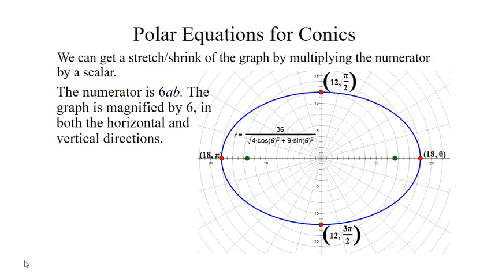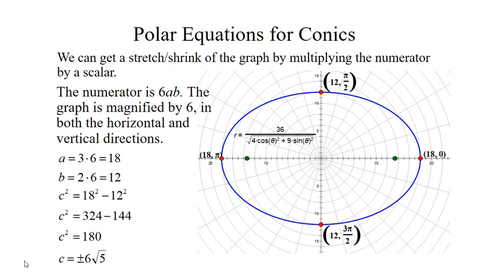So instead of having our polar points at (3, 0) and (3, pi), we have them at (18, 0) and (18, pi). And for our y-coordinates, they were at 2, so they're now at 12. And we can find our foci in the same way we did last time. So they end up at plus or minus 6 square root of 5 on the 0 line and on the pi line.